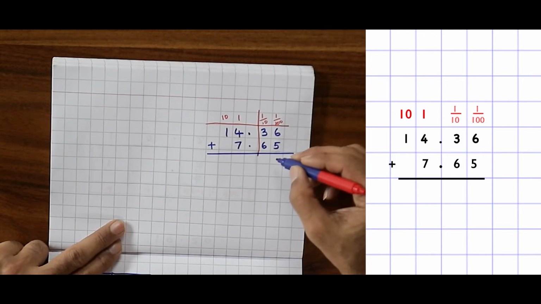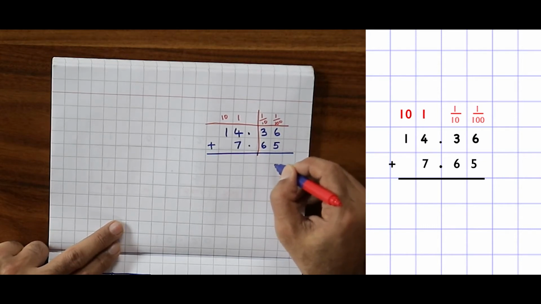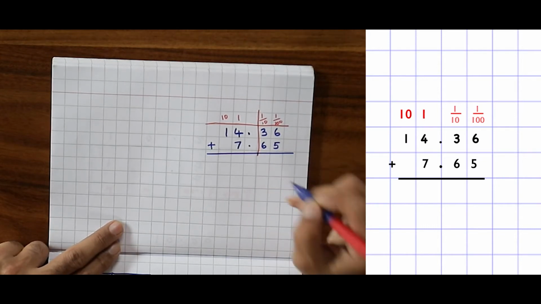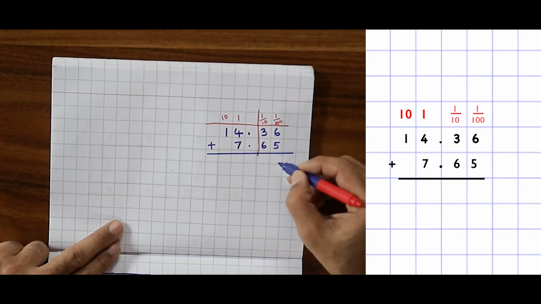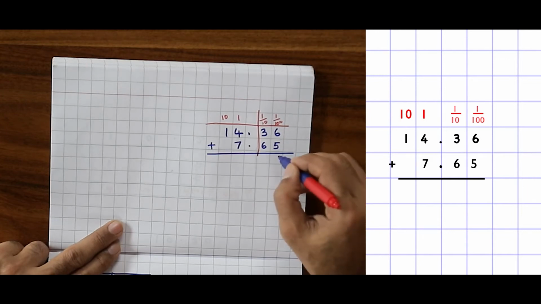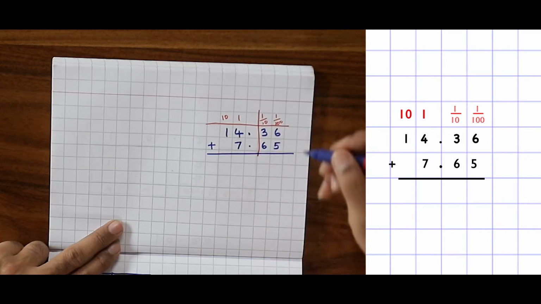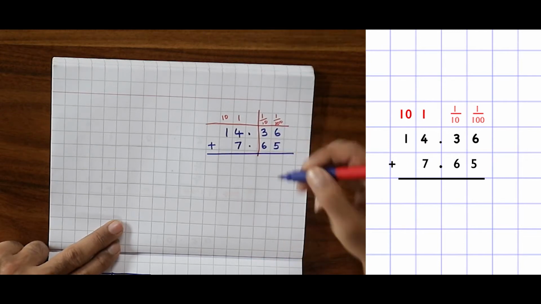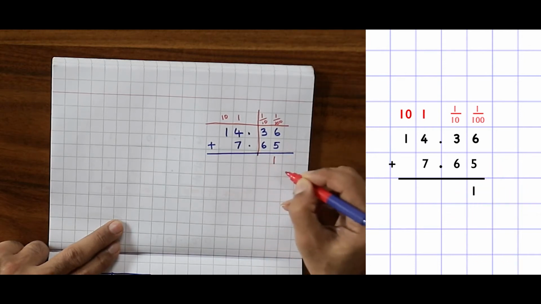We cannot write 11 here because maximum is 9. Minimum is 0. When I add 6 and 5, I have 11 1 by 100. What do I do then? I make a bundle of 10 and take it to left. And out of 11, I write 1.